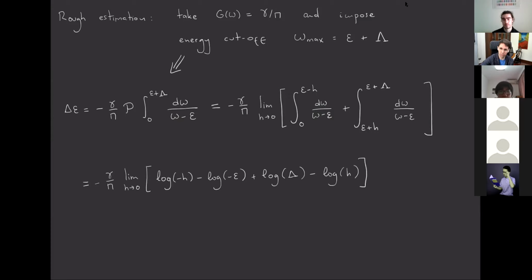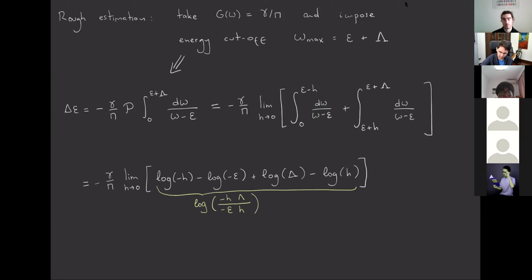Okay, the 4 contributions that you get are these ones. But now you can combine all these logarithms into one, and you get the logarithm of, let's start counting. So we get minus h on top, minus epsilon down, lambda on top, and h in the denominator, okay?